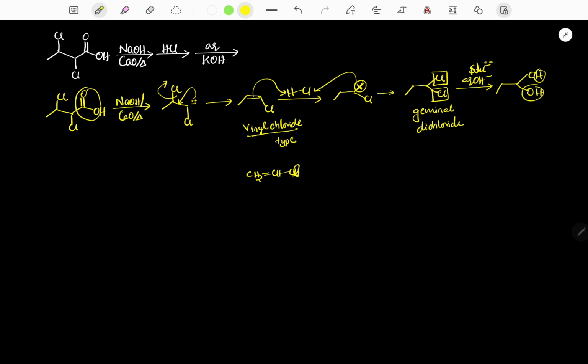Now remove the water because it is a hydrate form, a geminal hydrate. A geminal hydrate is unstable. It loses water immediately and forms the corresponding aldehyde. So this is our final product.